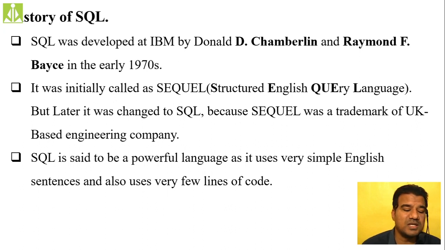Okay, so SQL is said to be a powerful language as it uses very simple English-like sentences, and also uses very few lines of code. We don't have to write many lines of code in SQL. We'll write simple instructions. When we start querying, at that point you will understand. Many of the basic queries will go up to 2-3 lines.